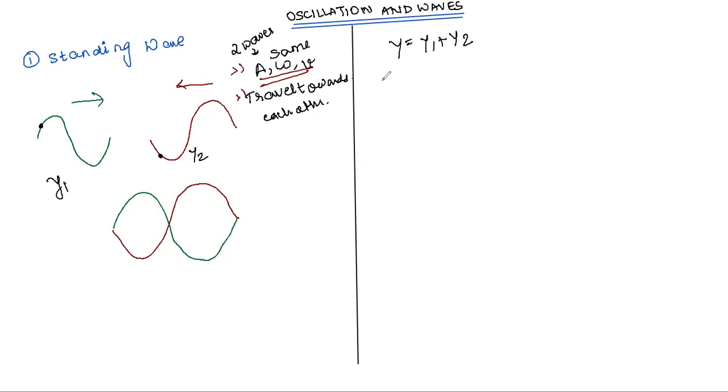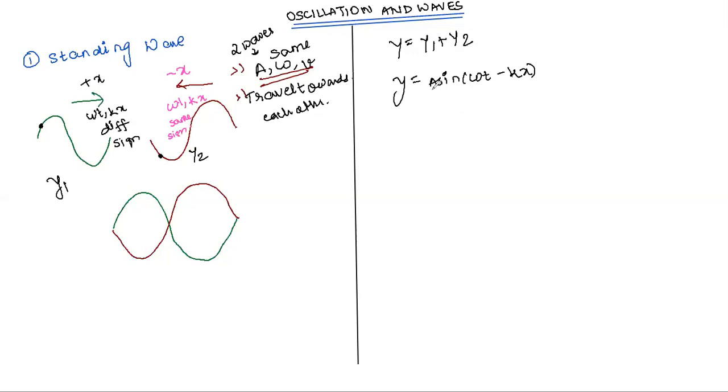So we'll have y is equal to a sine omega t, first one I'll write with opposite signs. Why? Because it's traveling in the positive x direction. If you recall, whenever a wave travels in positive x direction, omega t and kx have different signs, and just the opposite, when the wave is traveling in the negative x direction, then omega t and kx have the same sign.